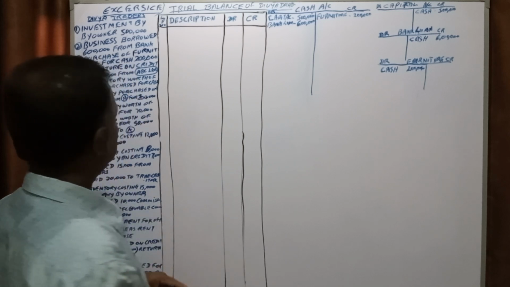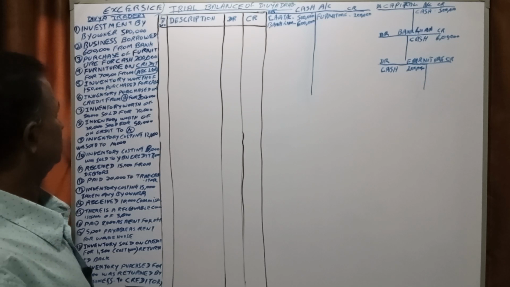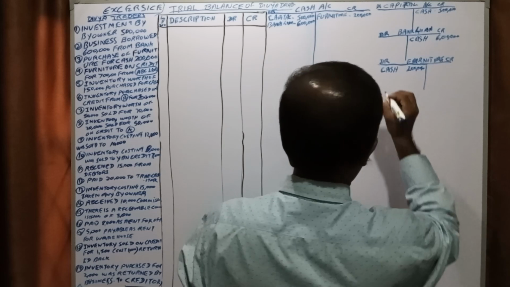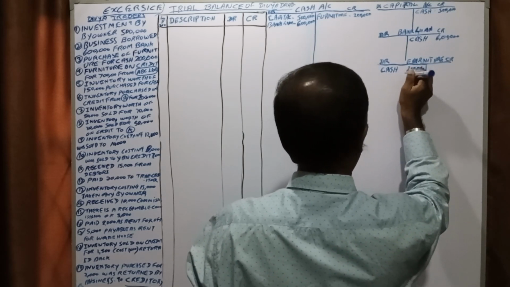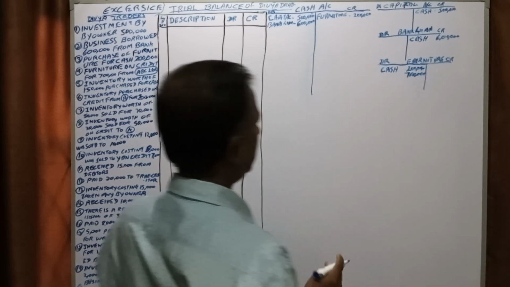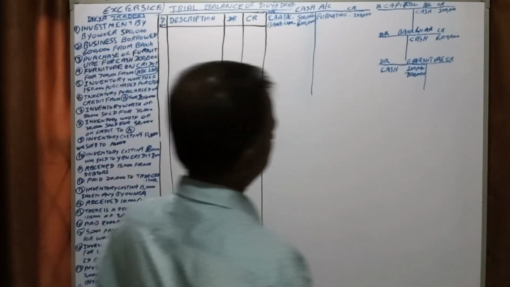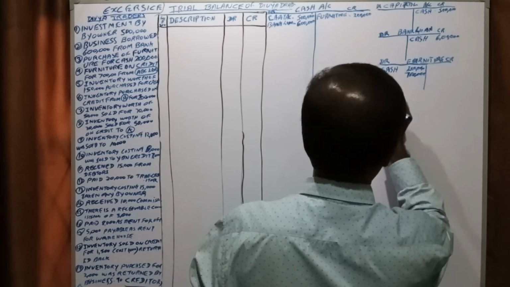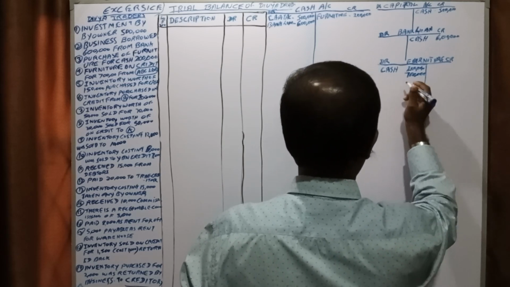The fourth entry is that we have purchased the furniture on credit basis for 700,000. Now the furniture account, we will say 700,000, is debited, and we are going to say other creditors account.